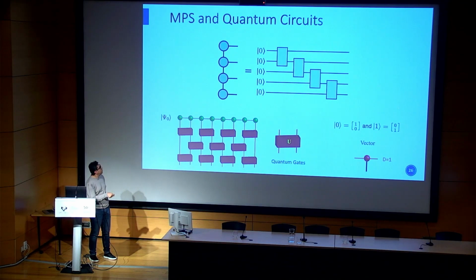Similarly, you apply gates that altogether form a circuit on some product state originally. This product state can also be represented as a tensor network with zero entanglement, and then you can apply these gates and generate entangled states easily with tensor network approaches.